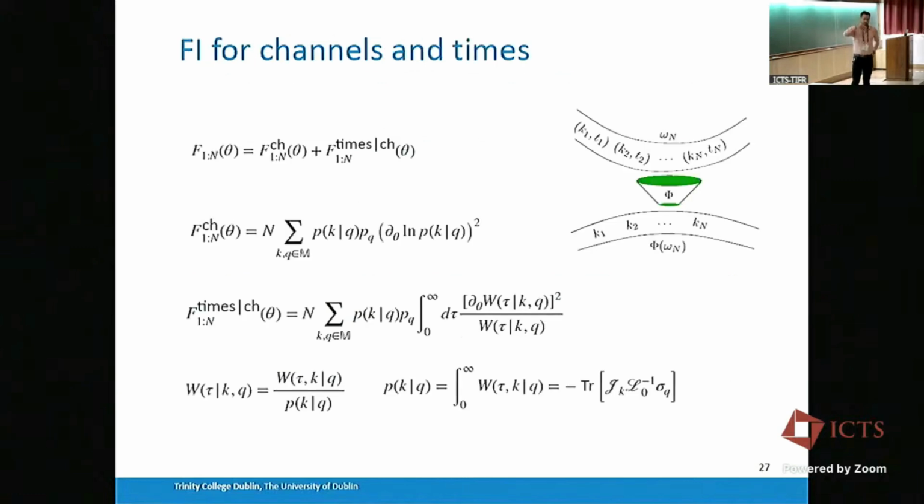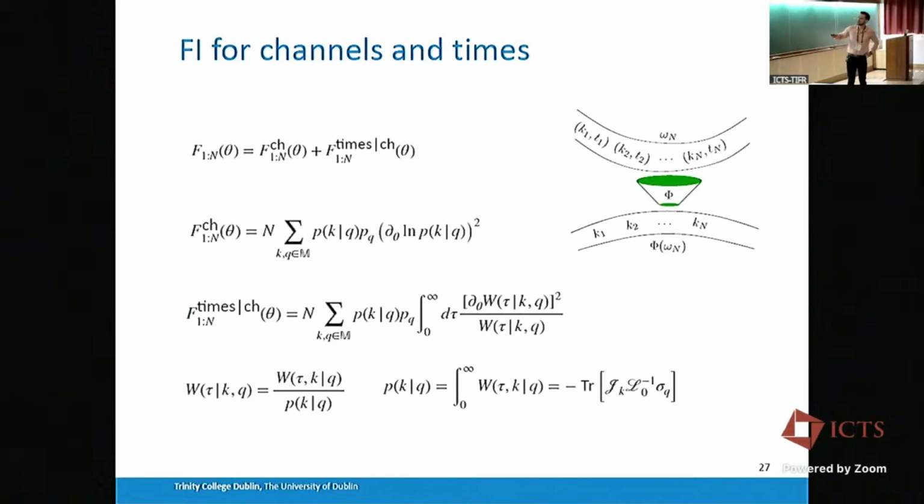Good. What we can do in this case is apply the chain rule again, and now find a separate Fisher information for the channels that it's jumped into. There's some information that we gain from that: whether a red or a green photon came out of the cavity, and a second amount of information which is due to the time at which it came out. You can think of this as dumbing down, simplifying your measurement record to get rid of the times and just record a succession of channels, for instance.